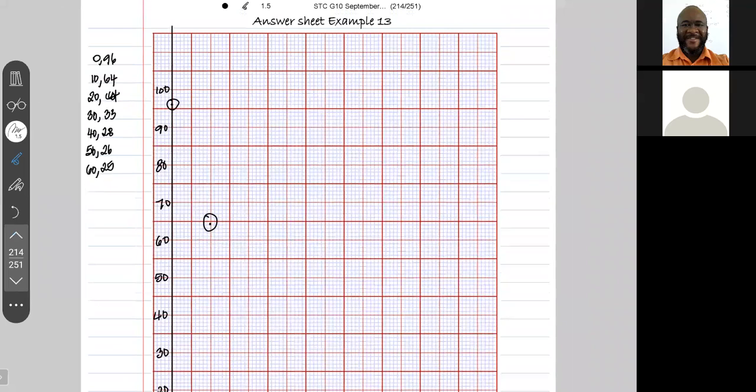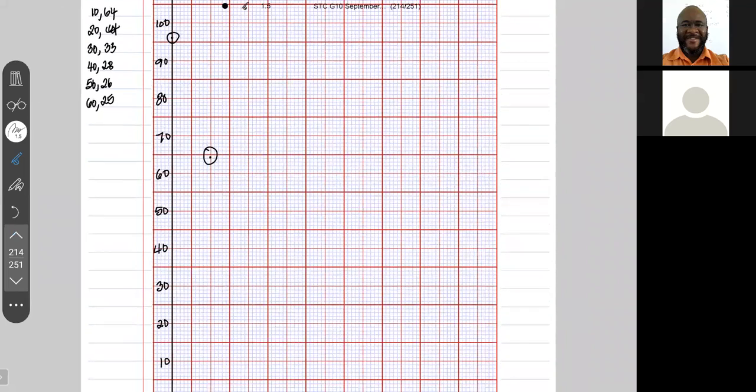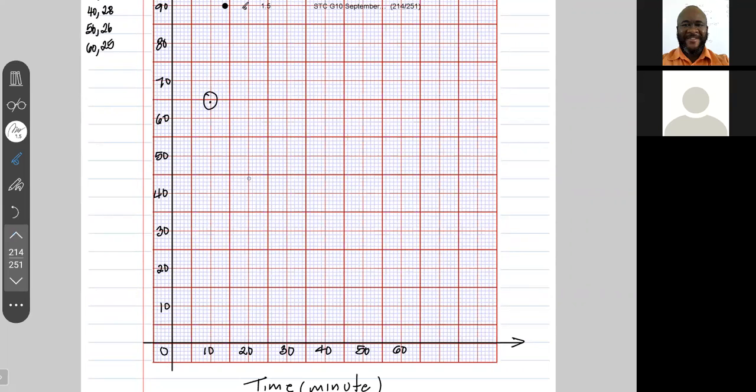So 20, 44 would be here. 30, 33 would be here. 40, 28 is here. 50, 26 is here. And 60, 25 is here.